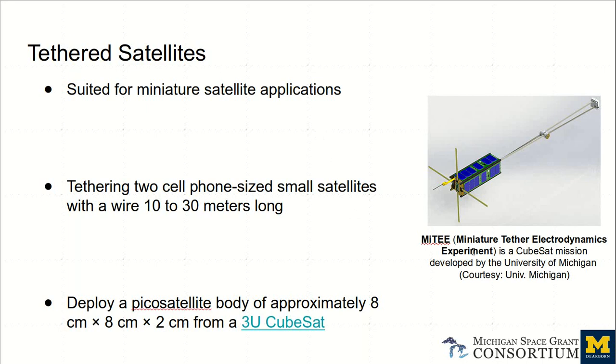For instance, in an initiative by the University of Michigan, a cube satellite tethered system, which was called MIT-EE, was developed, and the idea was based on deploying a picosatellite body of approximately 8 cm by 8 cm by 2 cm from a 3U cubesat.